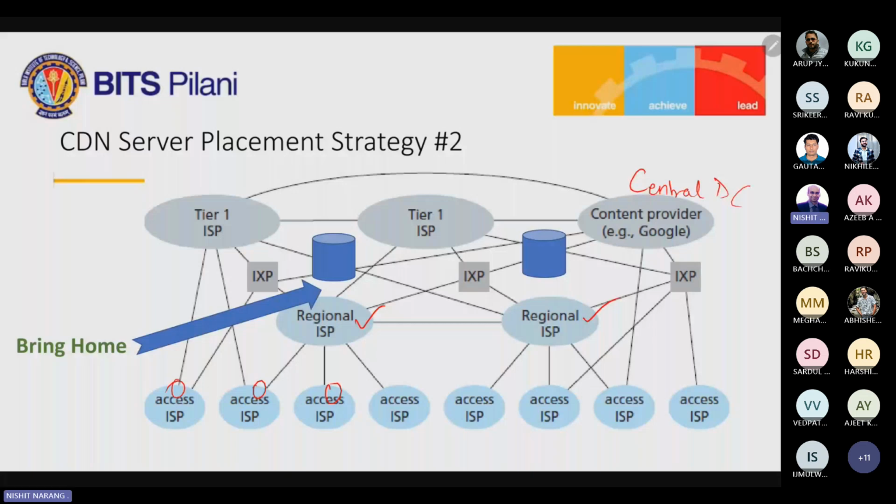So what have I done? I've reduced the number of ISPs I'm creating a contract with. I've reduced the number of data centers that I'm creating by bringing them more home. The latency, of course, will be more than having edge data centers.